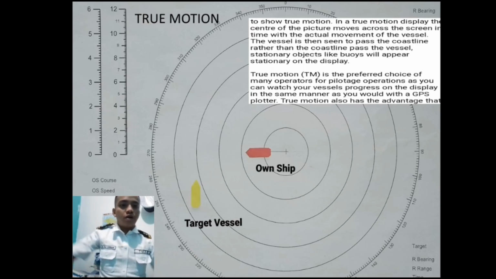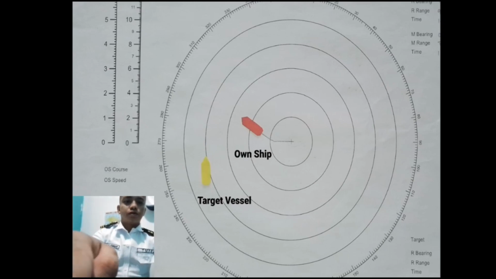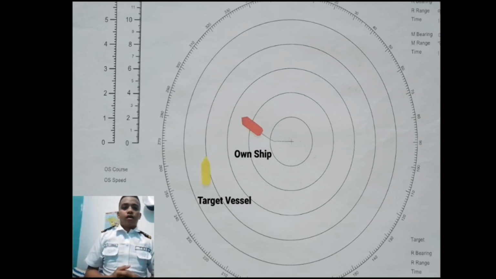So here we have the example. We have the radar plotting sheet. So we see the motion of the vessel. So we see our own ship's movement. So that is the example of true motion.